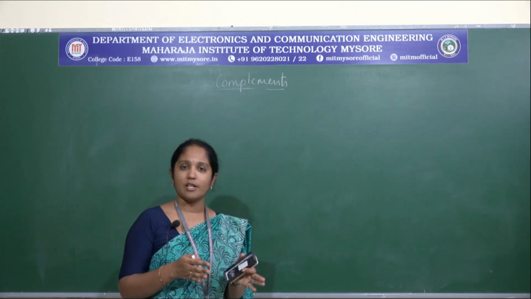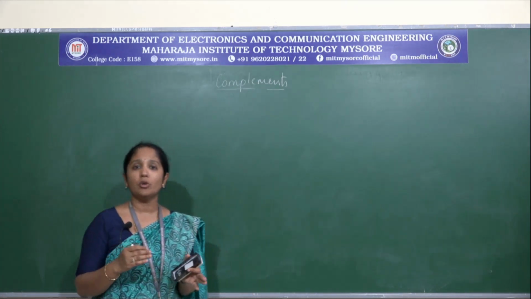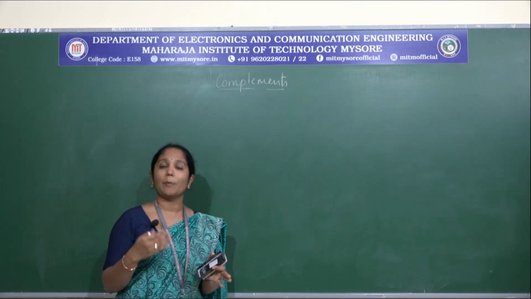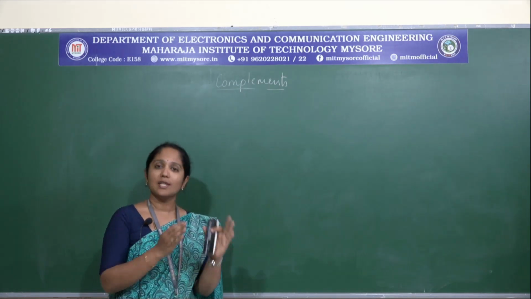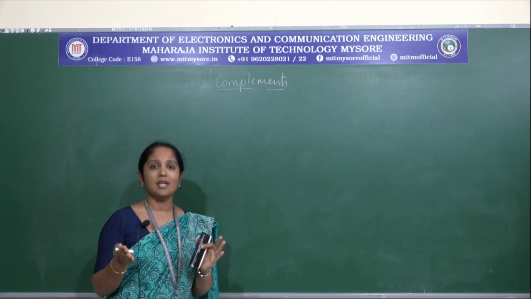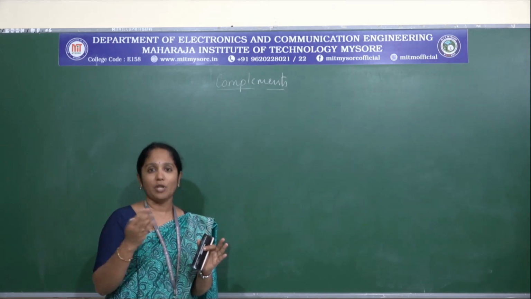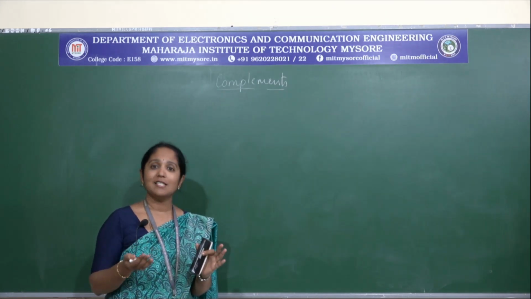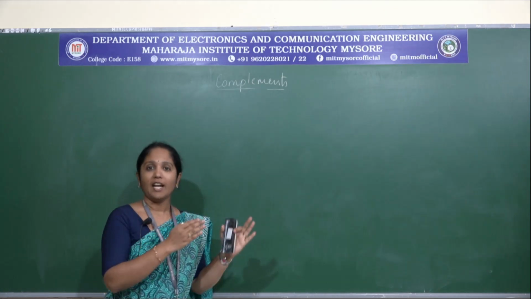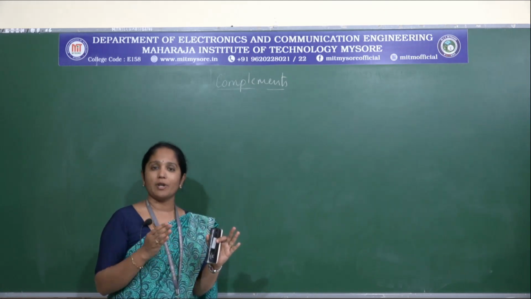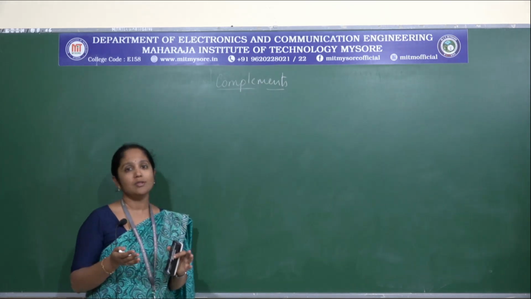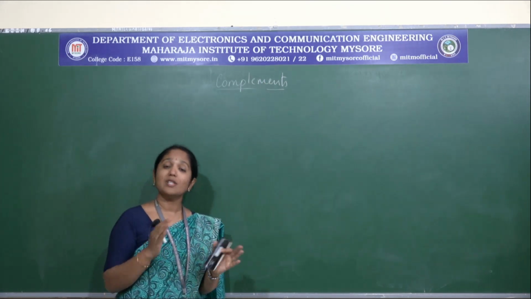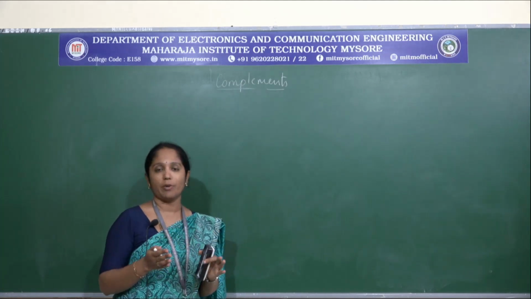In digital electronics, usually we represent subtraction as 2's complement addition. Using the adder circuit itself we can obtain subtraction also. So how is it done? If you find the 2's complement of the second operand and add it to the first operand, then the sum will be equal to the subtraction of the first and the second operand.